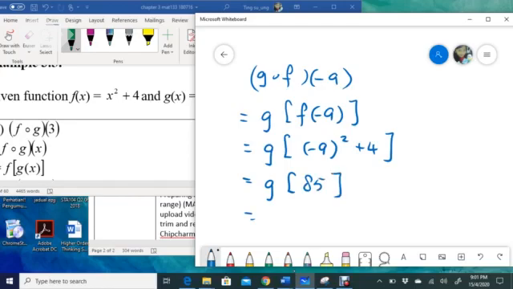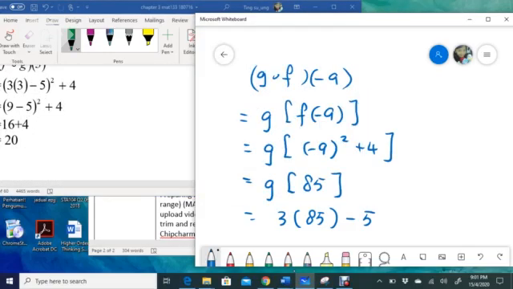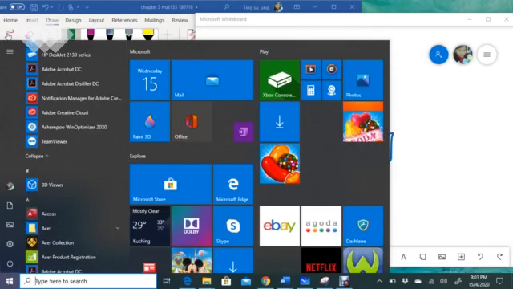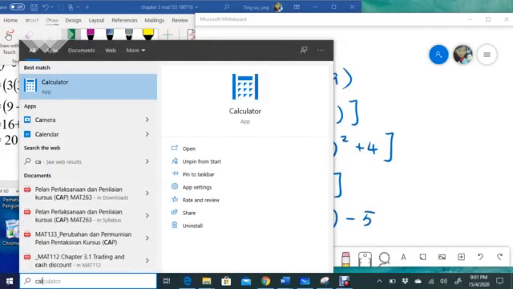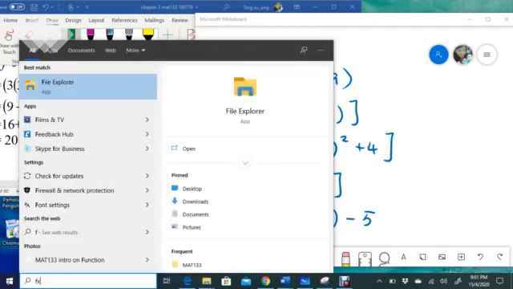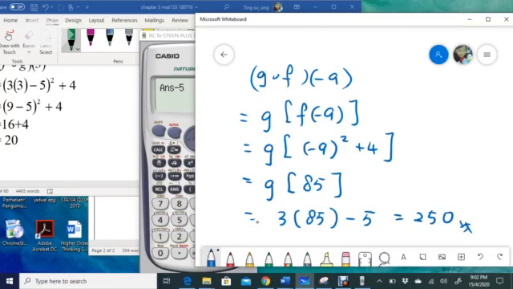So again, 3 times 85 minus 5. You can use your calculator here. 3 times 85 minus 5, so you have 250. It's okay?